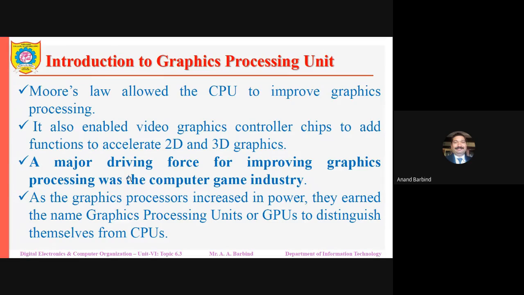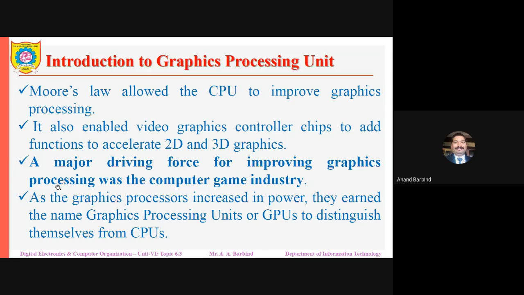So the main driving force for improving the graphics processing unit was the gaming industry. There are very popular games, a lot of investment, and a lot of money being earned out of these gaming applications all over the world.